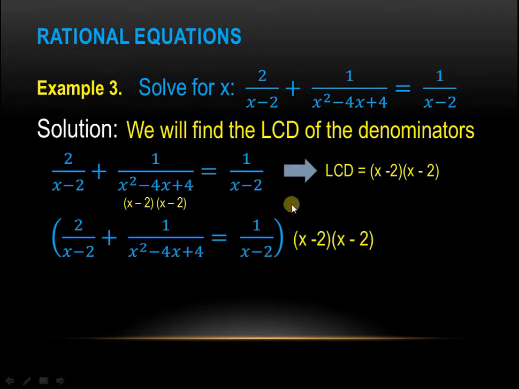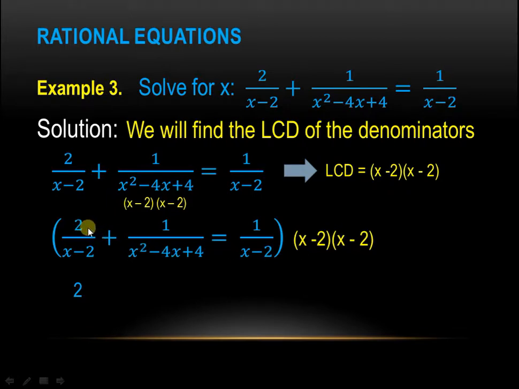What do I mean by that? Let us see. The numerator is 2. We just copy it and then check this out. This denominator is only x minus 2, while here we have x minus 2 and x minus 2. What we're going to do is just remove it. So the remaining one will be only x minus 2.